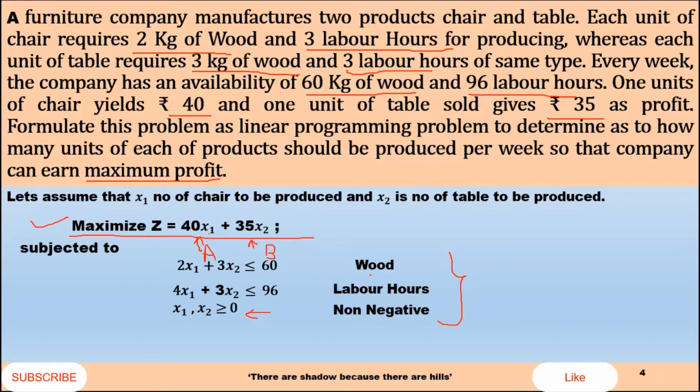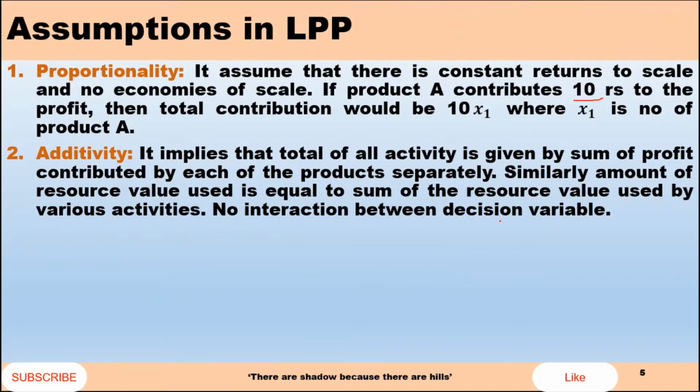In a similar way, resources are also like that. The total consumption of wood is equal to the resources consumed by product A plus the resources consumed by product B. Similarly, the total consumption of labor hours is equal to the labor hours used by product A plus the labor hours used by product B. This is the meaning of additivity, with no interaction between decision variables.